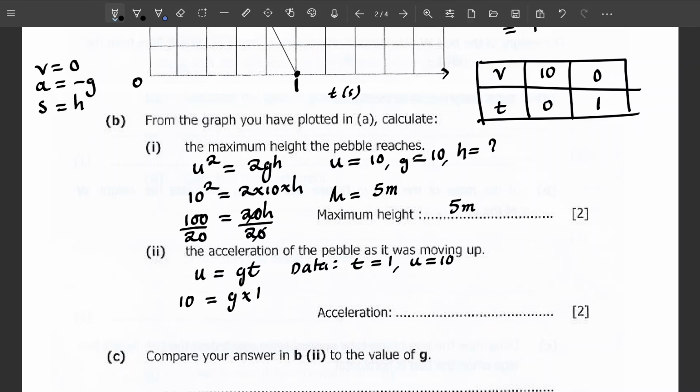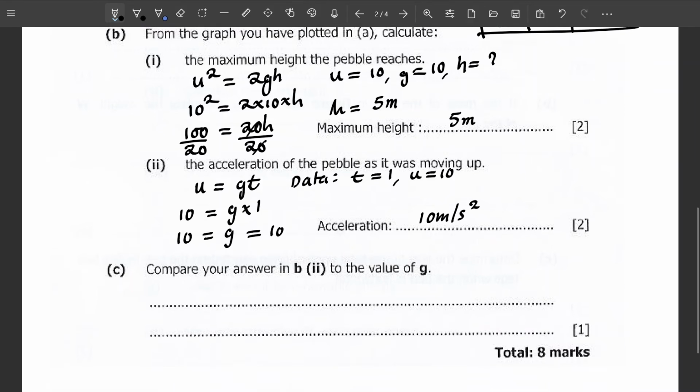You'll find that to be 10 is equal to g times 1, it is g. So that acceleration, just as I said, is equal to 10 meters per second squared.